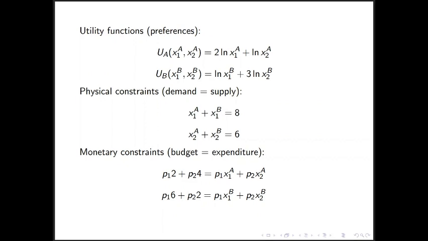So on the left-hand side of the monetary constraint, we have the budget, the prices times the initial allocation. So for example, player A starts with 2 units of good 1 and 4 units of good 2. So his budget is P1 times 2 plus P2 times 4.